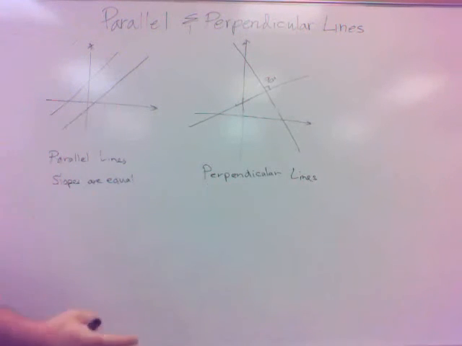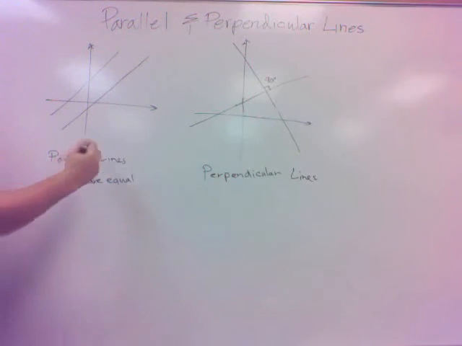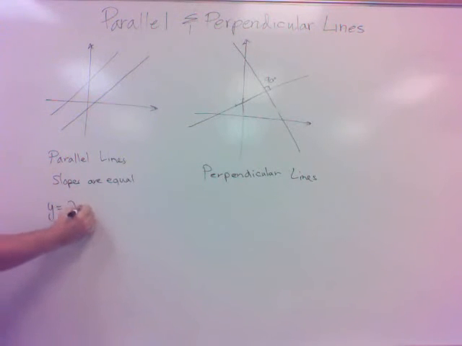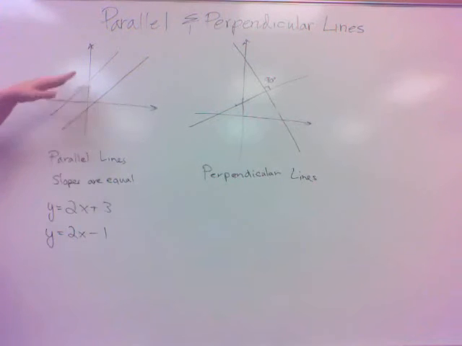And so if I have two lines, let's just put a couple here. Say this one could be y equals 2x plus 3, just hypothetically. And then this one would be y equals 2x minus 1, right? That would be believable on those.